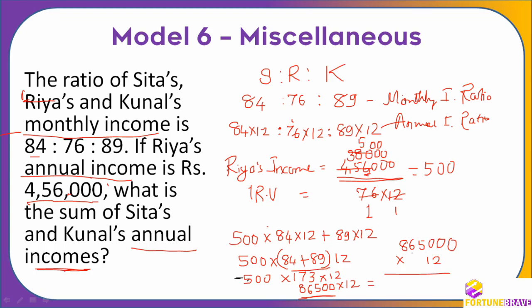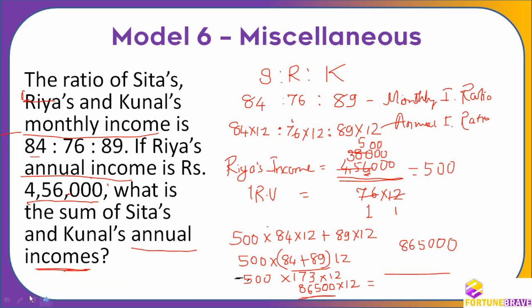10 is 1 zero, and then again this double. So half we have done, then the double will be what? 17300, isn't it? No, 1,73,000. Sorry, so I'll just change this. Into 12 is what I'm doing directly now.